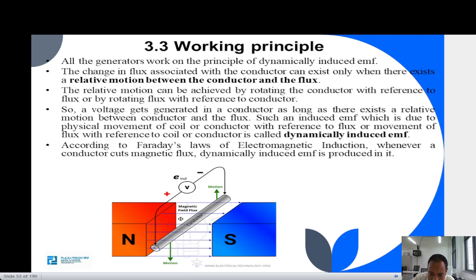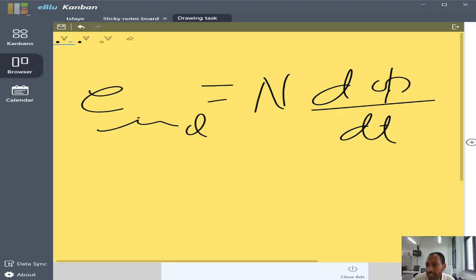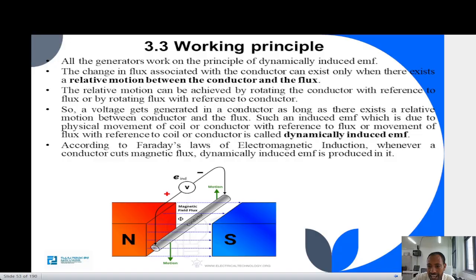The change in flux, d phi by dt, associated with the conductor can exist only when there exists a relative motion between the conductor and the flux. Practically, either the conductor can be moving with the flux fixed, or the flux can be changing with the conductor fixed, or both can change at the same time.